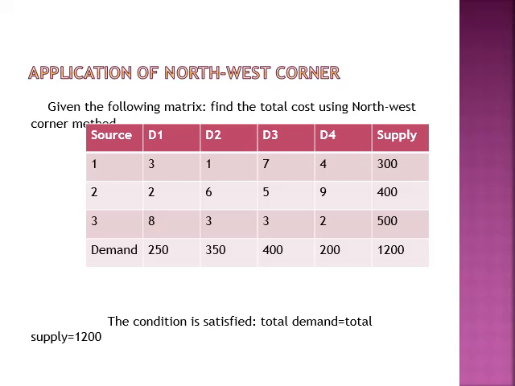Still source 1 has 50 units. We will move to the next row unless the supply and demand is finished. Now we will move to the next right cell, D2.